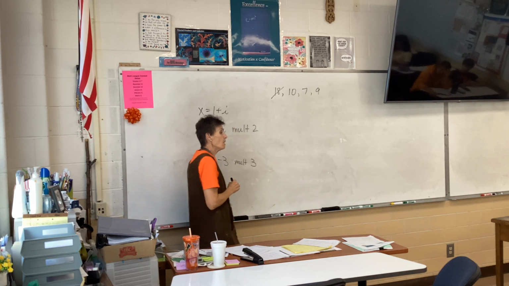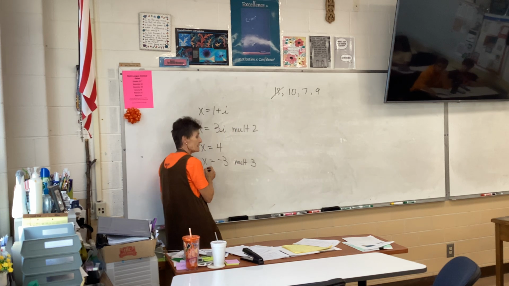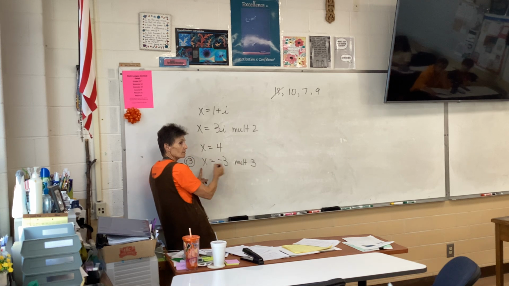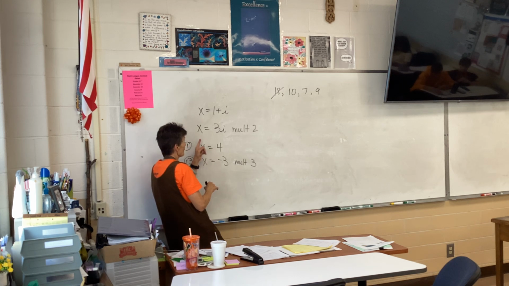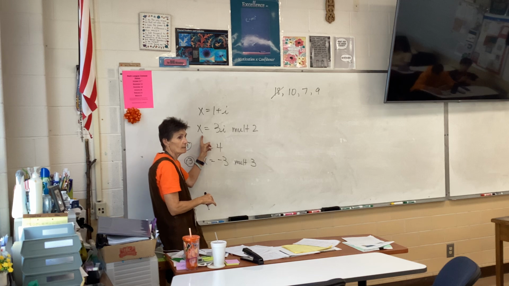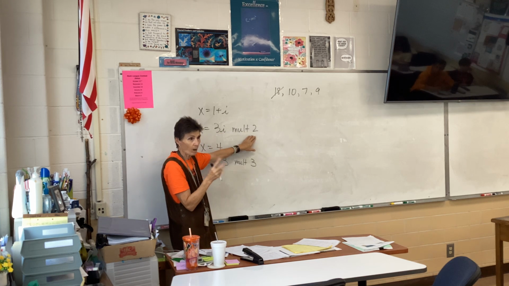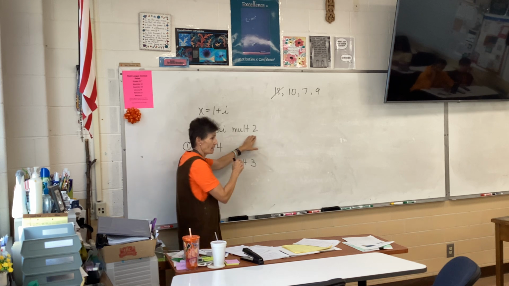We know that right here, we have accounted for 3 roots. And right here, we have accounted for 1. Now this is where things get a little crazy. If 3i happens twice, then so does negative 3i.